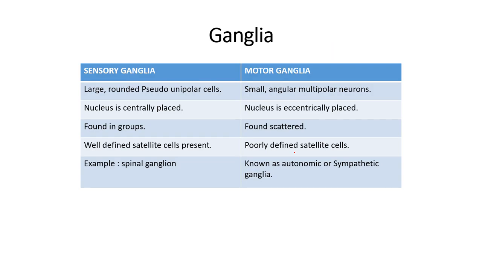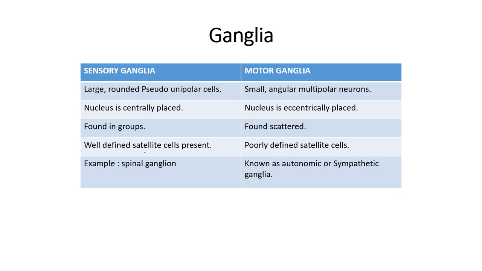Now here again the differences between the sensory and motor ganglia. Sensory was large, rounded, pseudo-unipolar. Motor was small with multipolar neurons. Nucleus centrally placed, nucleus eccentrically or peripherally placed. They are found in groups, they are found scattered.